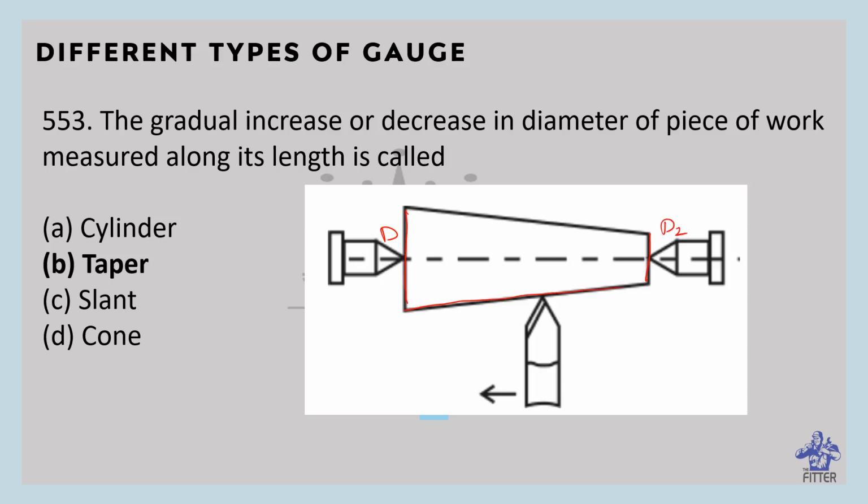Comparatively d1 is greater than d2, so it is a gradual decrease. Or if we consider d2, and d1 is greater than d2, it is a gradual increase with respect to the d2 point.